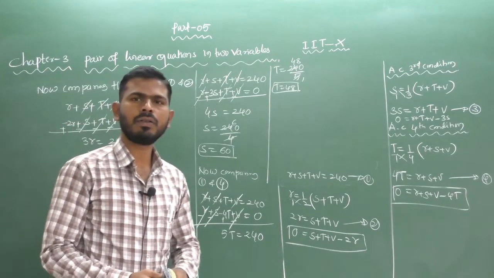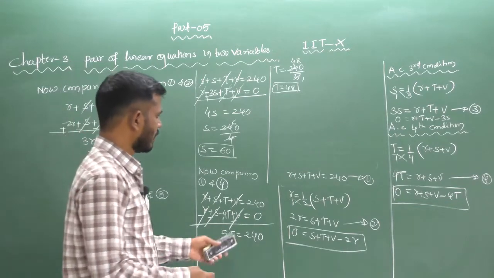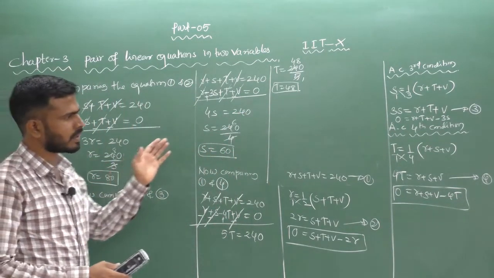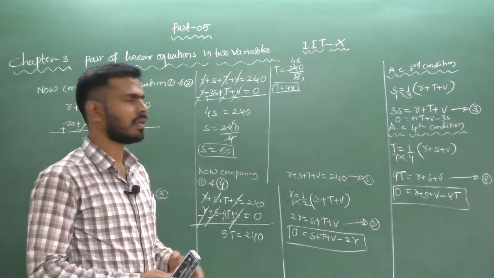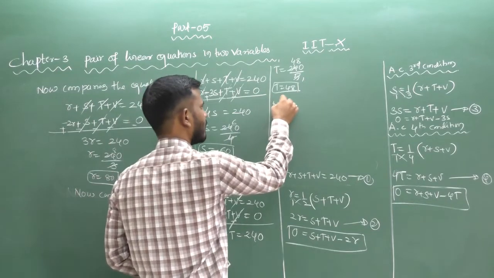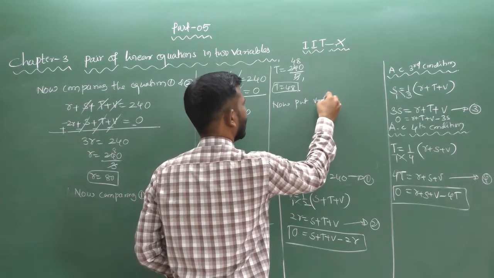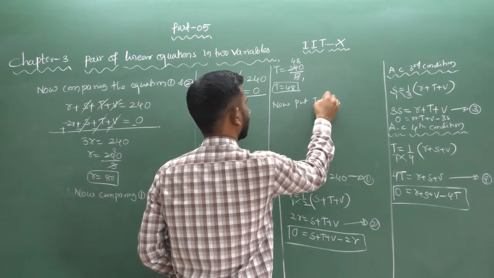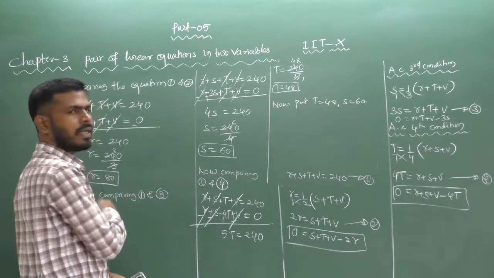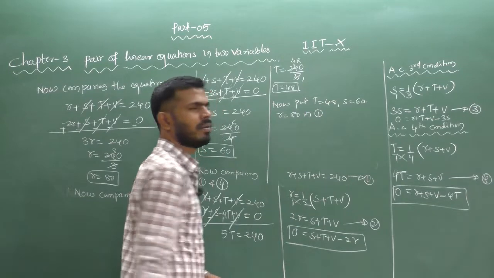Now we can find out Varun's total amount. We just have to substitute the t value, s value and r value in equation number 1, and we get the value of Varun's total amount. So put t equal to 48, s equal to 60 and r equal to 80 in equation number 1.